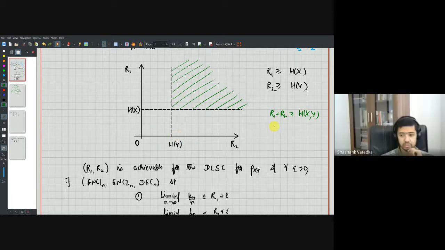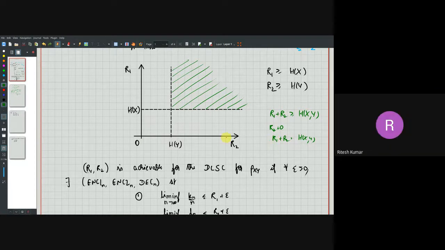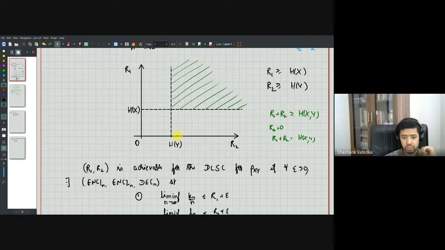So I'm setting R2 equal to 0, and you know that R1 plus R2 equal to h of x comma y. So if I set R2 equal to 0, then will R1 be greater than h of x comma y, or will R1 be less? Greater than. It will be greater than h of y, right? So it will be somewhere over here, let us say.